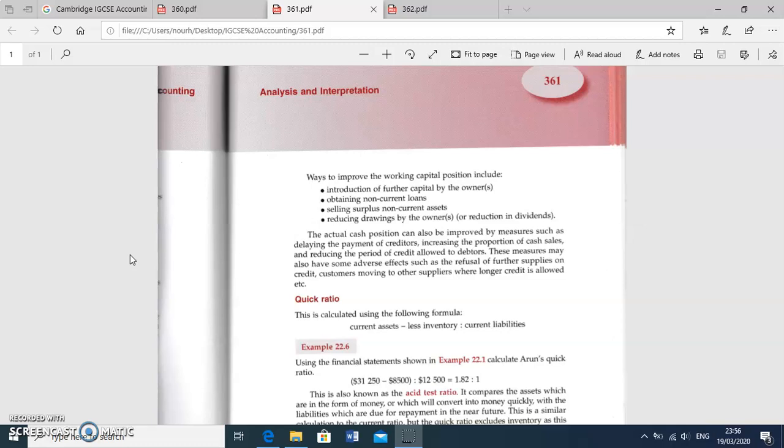Internal sources of finance may be an injection of capital by the owner, or maybe obtaining a long-term loan from the bank, maybe selling some of your fixed assets that you are not using. So this is how you are going to get cash in order to pay your short-term liabilities.